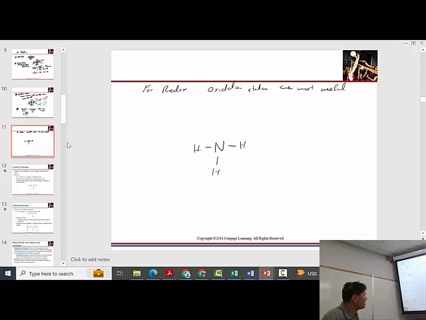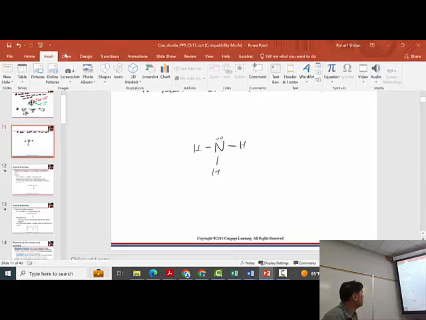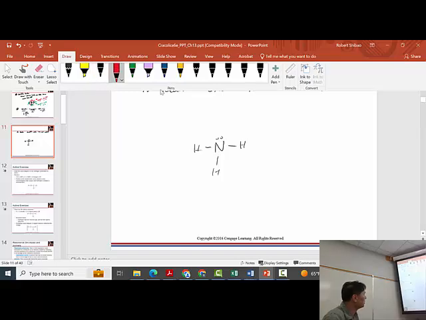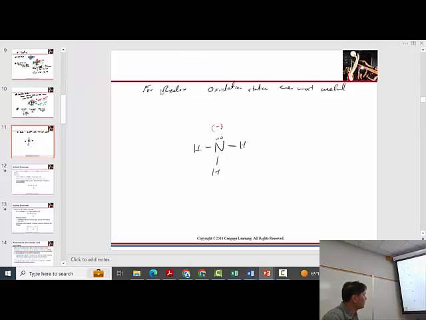The oxidation states are -3 on nitrogen. And so what we say is that that's electron rich, -3. Ammonia should burn. And +1 on hydrogen. And what we do is we compare oxidation states. You can compare oxidation states with oxidation states. So these would be like say oranges.